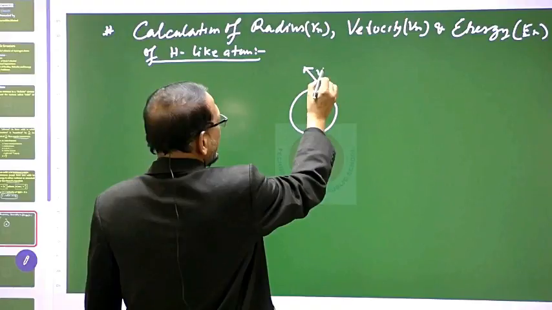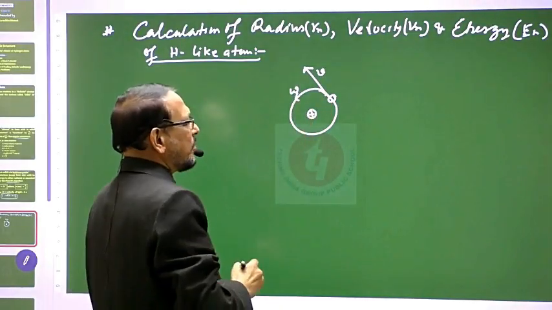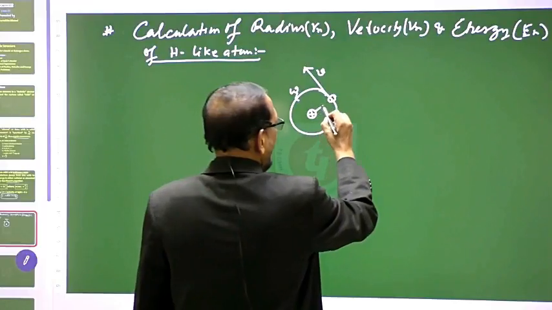Its linear velocity is along the tangent, and omega is the angular velocity.